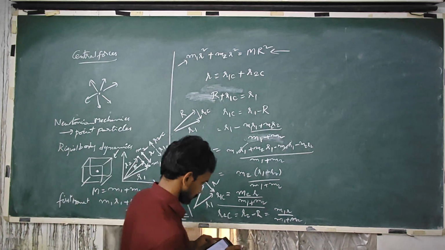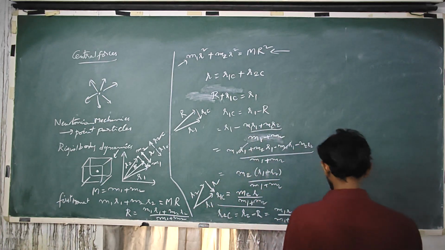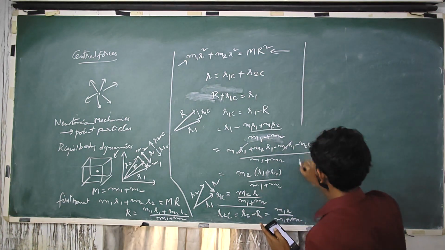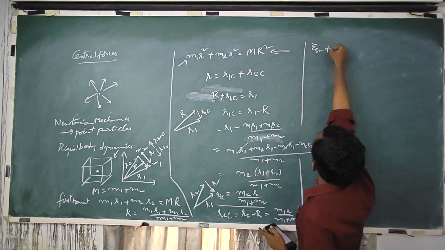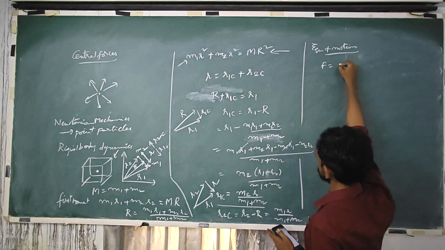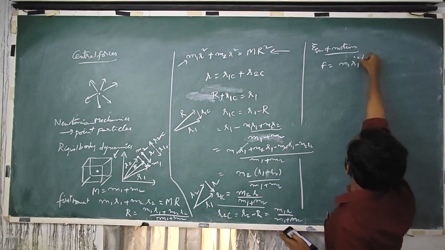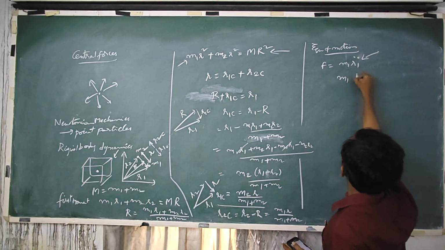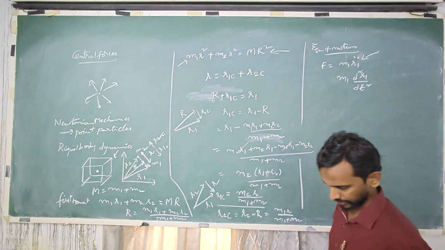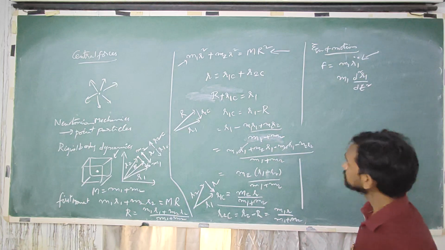Next one is equation of motion. Force is given by M1 R1 double dot, where the double dot is the double derivative, M1 d square R1 by dt square. And the second equation.